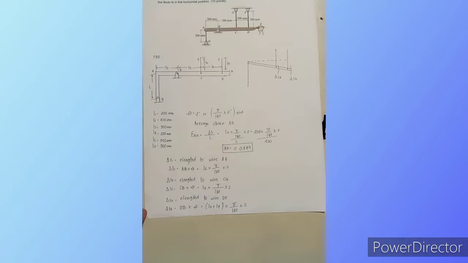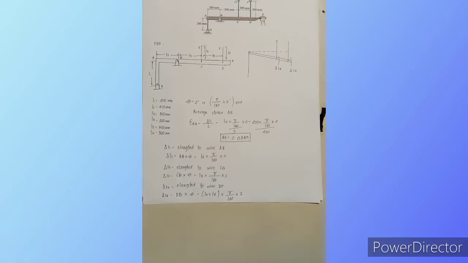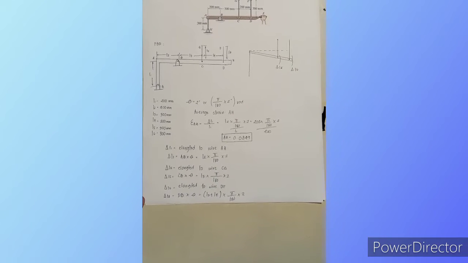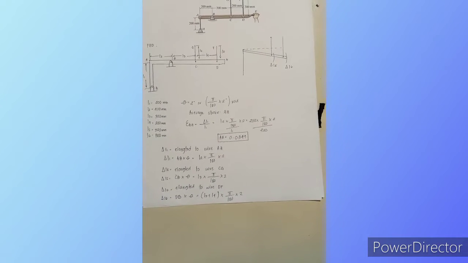For delta L6, elongation of wire DF, delta L6 is equal to DB times theta is equal to the quantity of L3 plus L4 times pi all over 180 times 2.